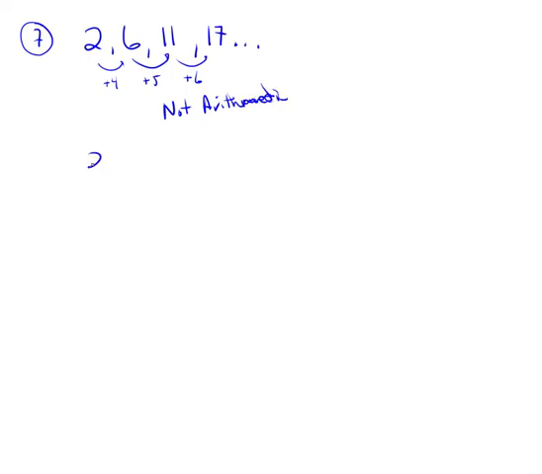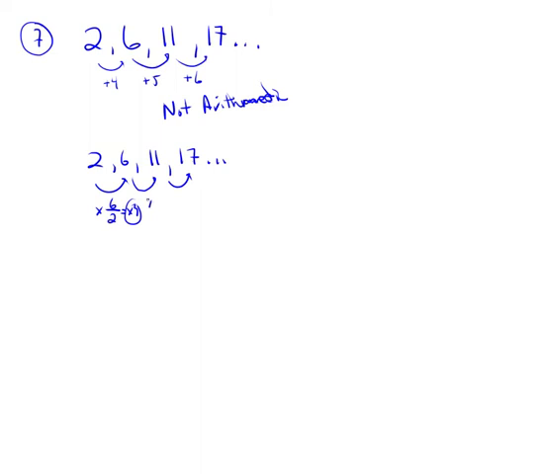So let's see if it's geometric. I'll get my arrows in here for my common ratio, which would be times 6 over 2, which would be times 3 for this one.